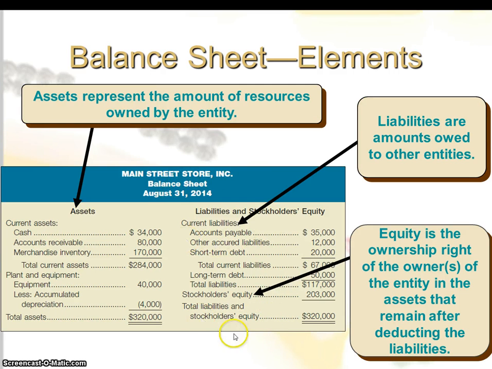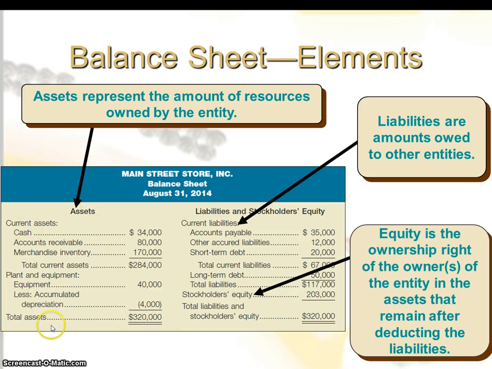So if Main Street Store were to go bankrupt tomorrow and just close up shop, they would have $320,000 worth of assets that needed to be divvied up among stockholders and creditors. So the total liabilities due to creditors, they could make a claim of $117,000 of this $320,000, and the stockholders would make a claim of $203,000 of this $320,000.